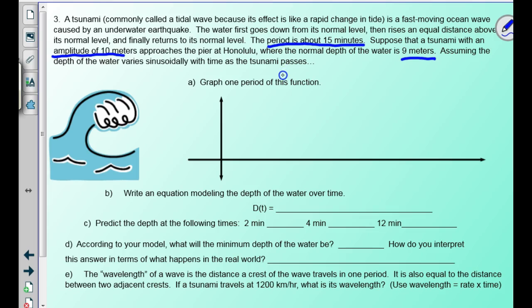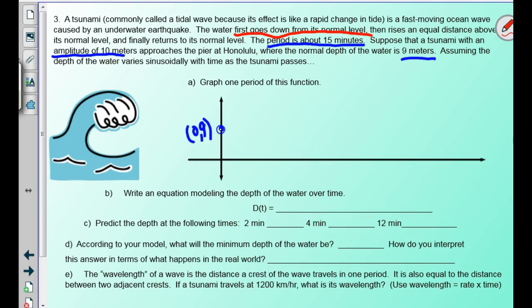Okay. So normally the water is sitting at 9. So I guess we'll go with 0, 9. And then what happens? What does it say happens first? Goes down. So what are we going to do?